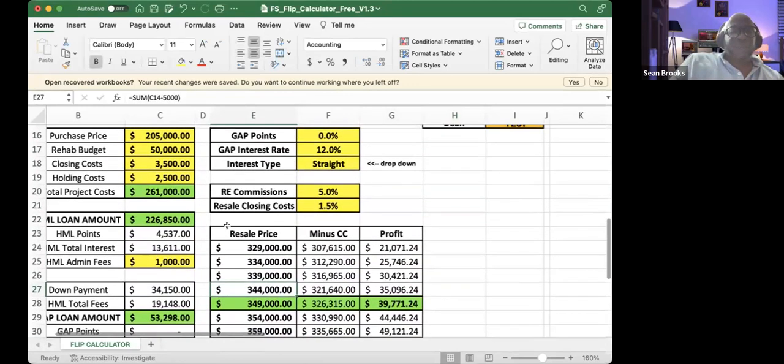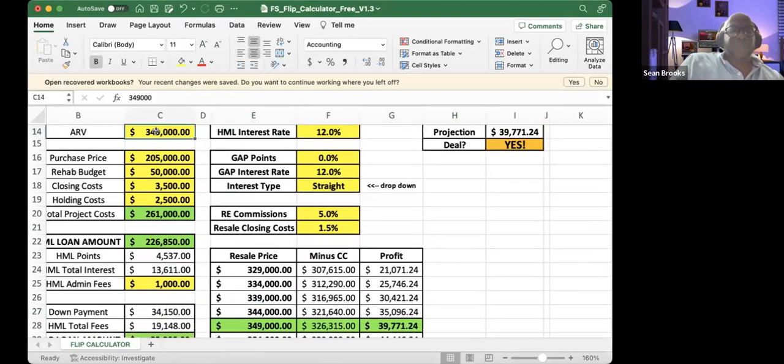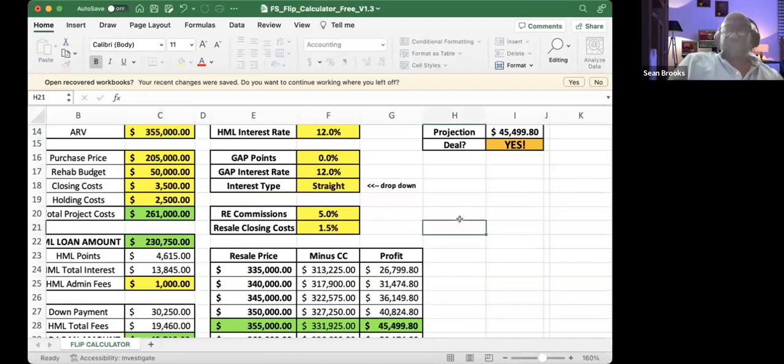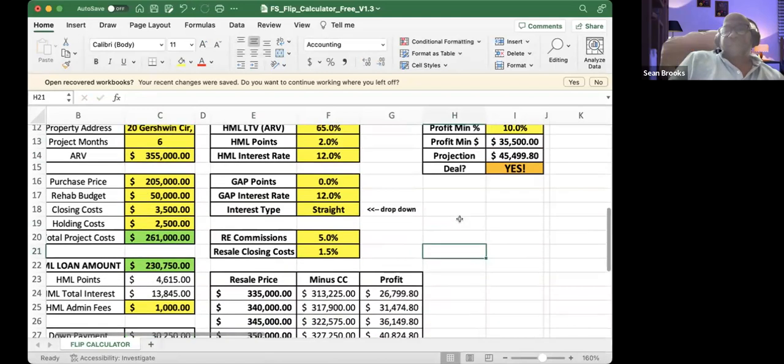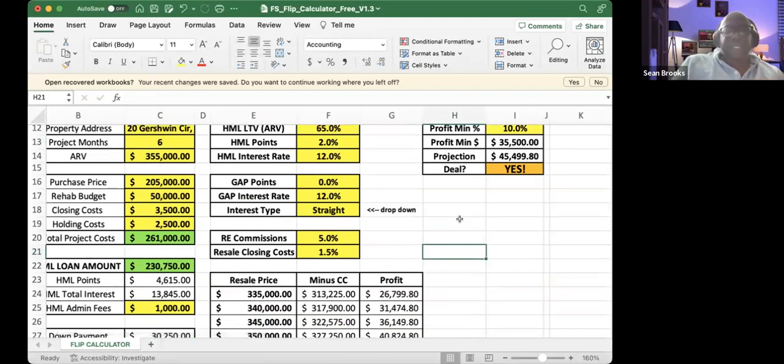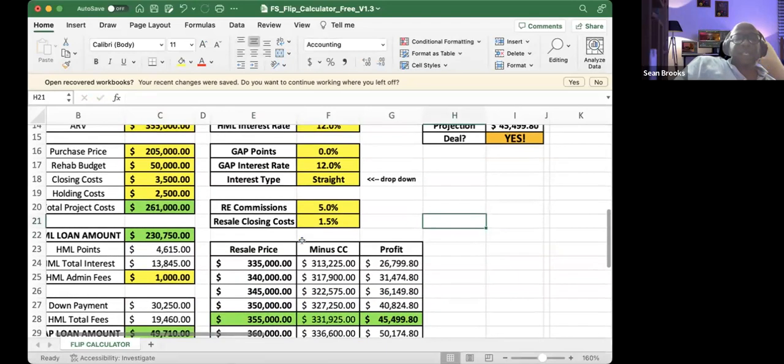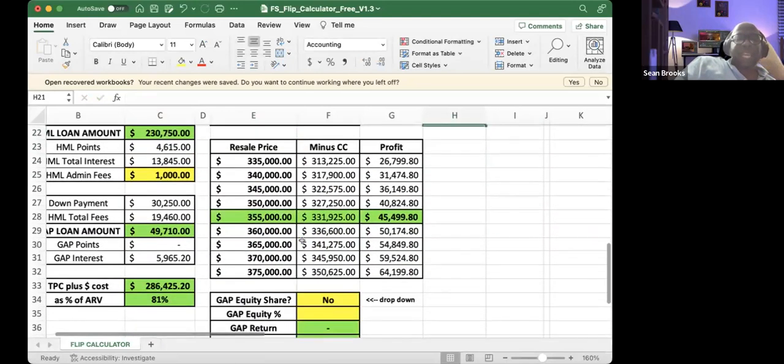Now, if you sold the property for a little bit more, again, projected, it goes up. So this is how you basically go about the numbers part of a transaction. You want to get these numbers down pat. You want to know your numbers, and you want to be accurate.